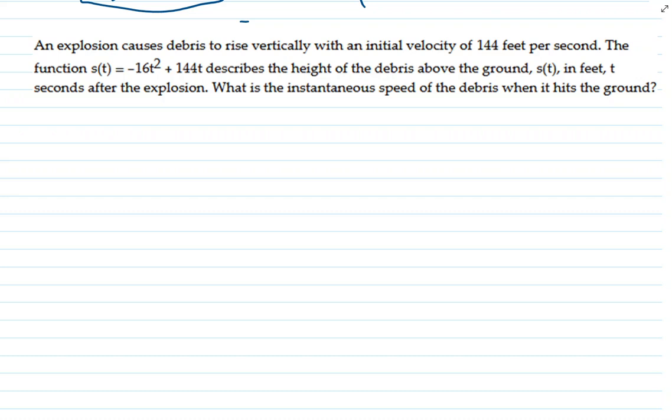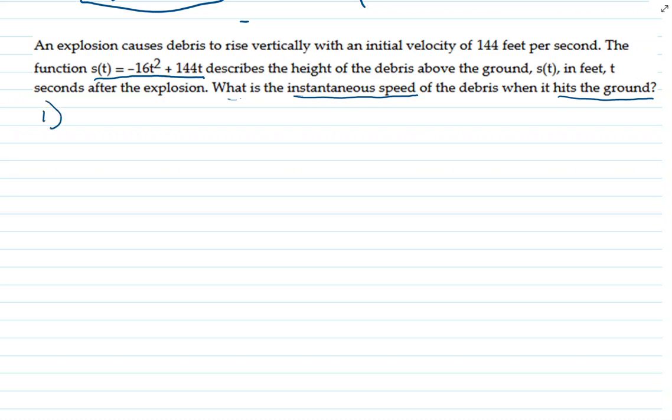We're going to have our moving function as this, and the height of the debris above the ground, S of t, is in feet per second after the explosion. What is the instantaneous speed, which is a derivative, of the debris when it hits the ground?